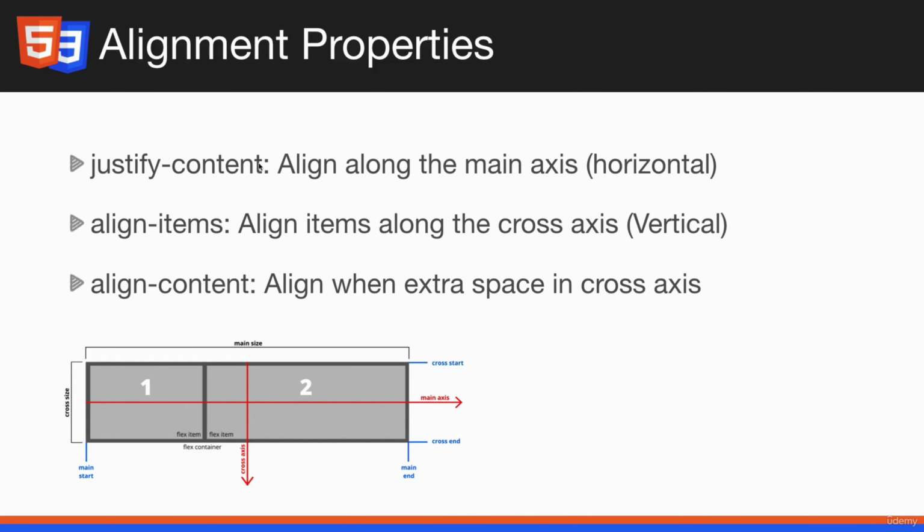So we have justify content, which will align along the main axis, so basically horizontal along this main axis. We have align items, which will align items on the cross axis, so this way, and then align content, which will align when there's extra space in the cross axis. Basically, if we have multiple rows of flex items, it'll align those. And I know that's confusing just saying it, but I will show you.